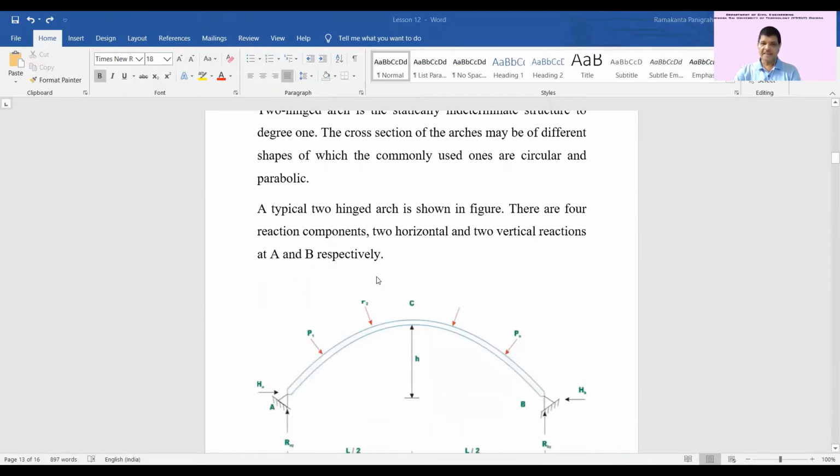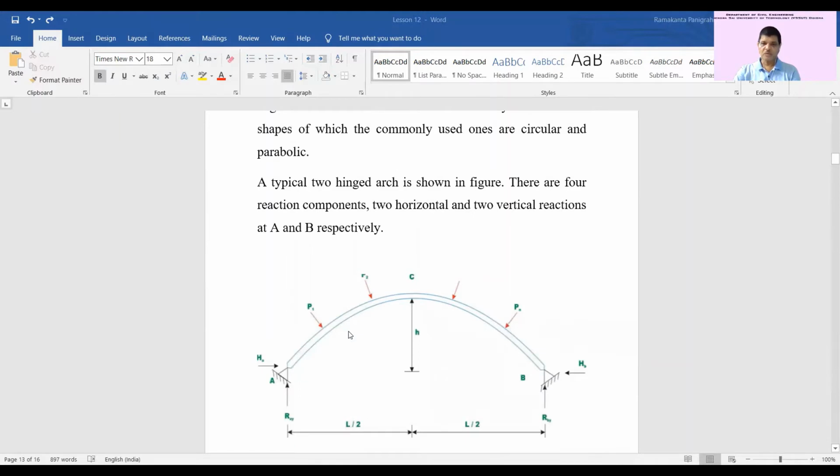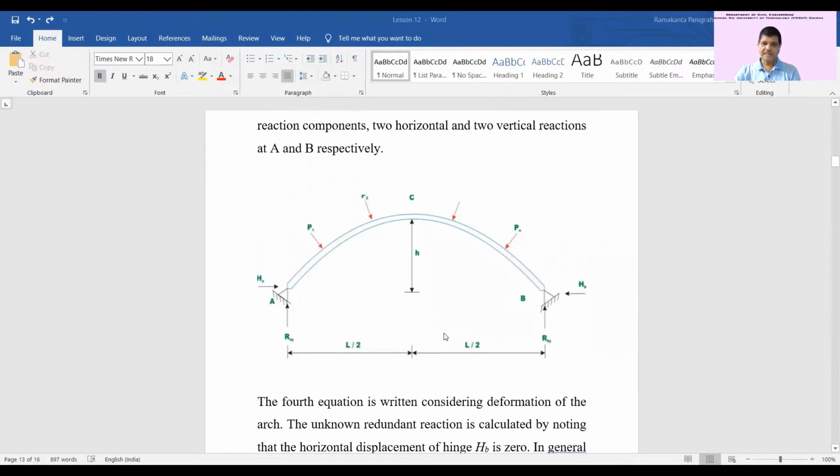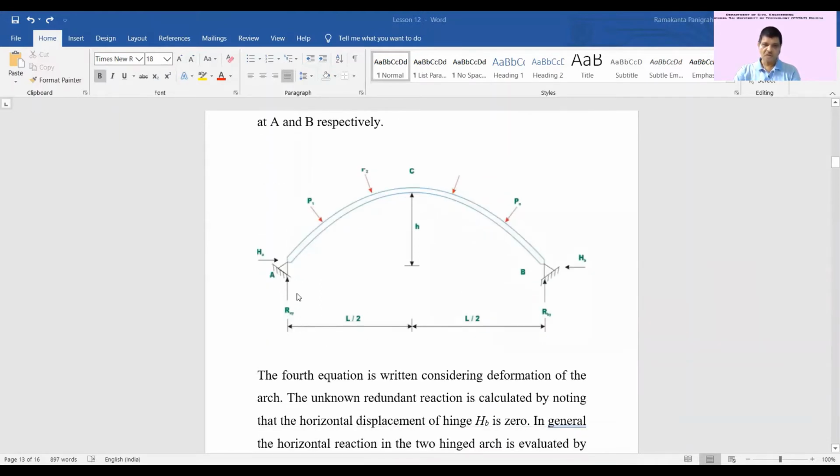Now let us take a typical two hinged arch, shown in this figure. You see there are 4 unknowns: at each hinge there is a vertical reaction RA and horizontal reaction HA, and here RB and HB, and there are some loads. From here to here is the span.